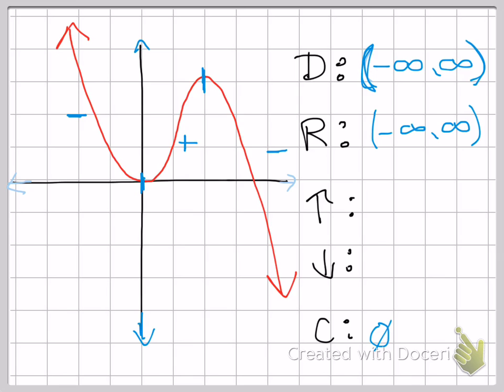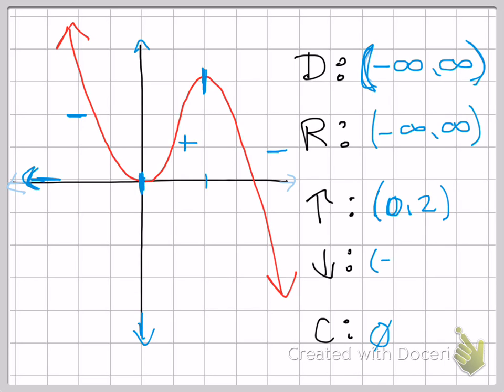For my first increasing interval, notice it's increasing from here to here. So the x values that match it are from 0 to 2. And that's something I should have put on the last slide, that you're always using your x values. So essentially you're breaking down the domain. My decreasing starts from over here on the left, and it stops at 0.